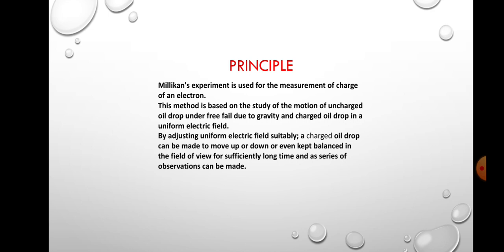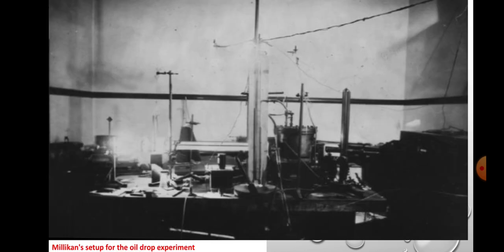By adjusting the uniform electric field suitably, a charged oil drop can be made to move up or down, or even be kept balanced in the field of view for a sufficiently long time, and a series of observations can be made.